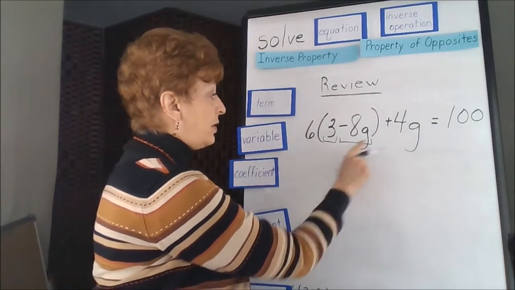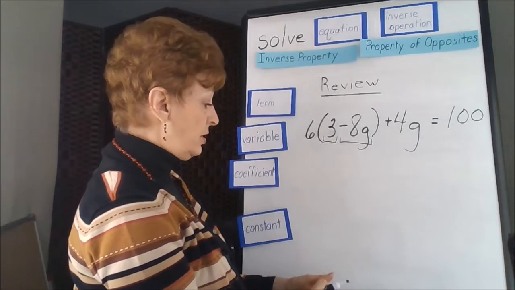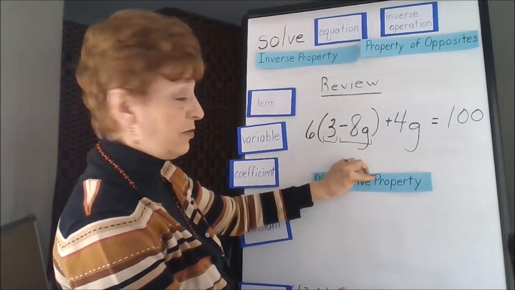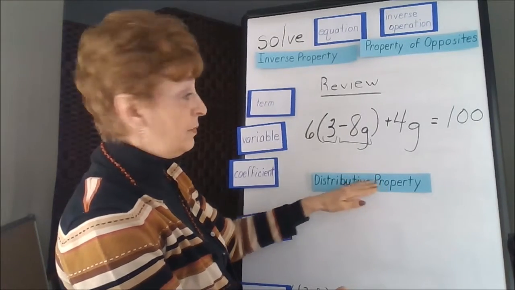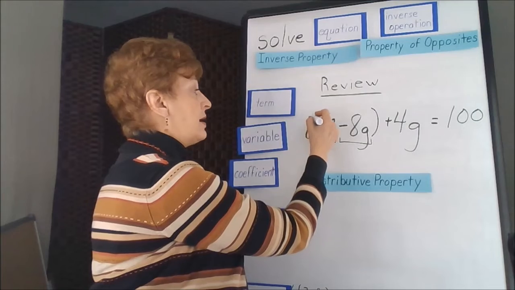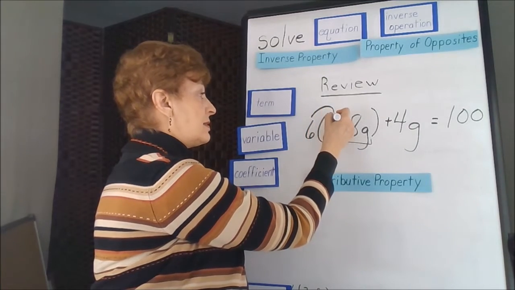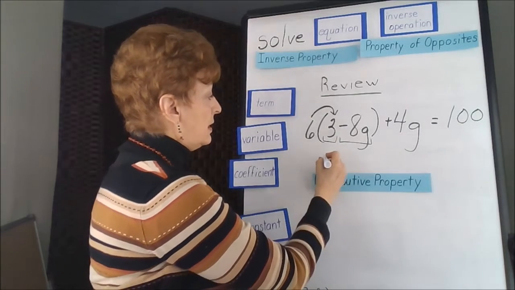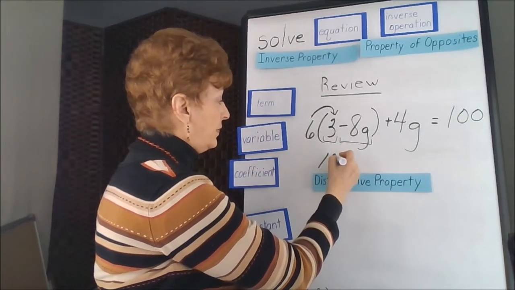So this parenthesis turns into a distributive situation. We're going to put our distributive property to work here because this then is a multiplication sign. So the 6 is multiplied by the very first term. 6 times 3 is 18.